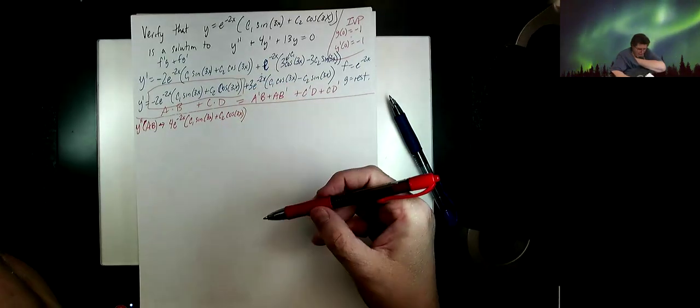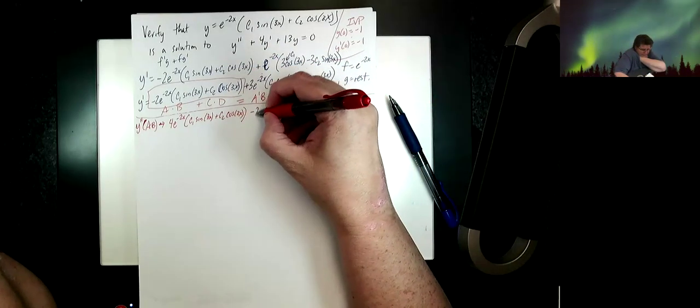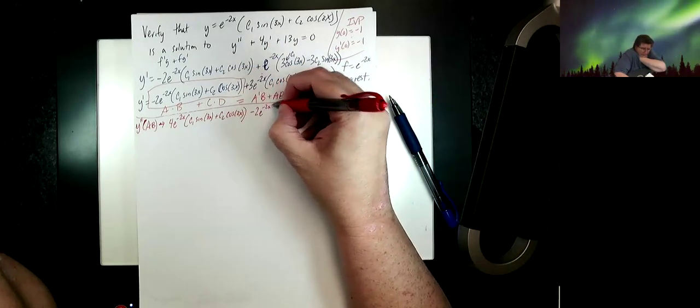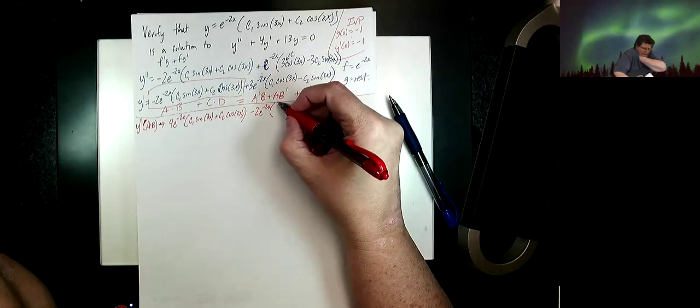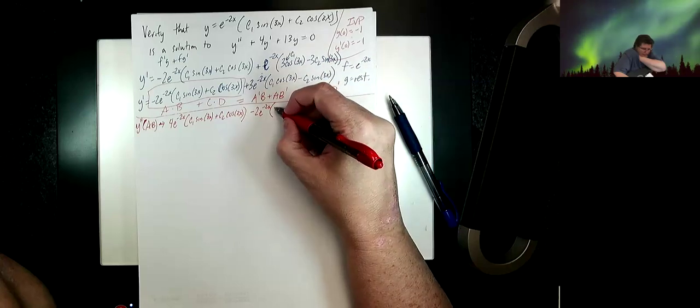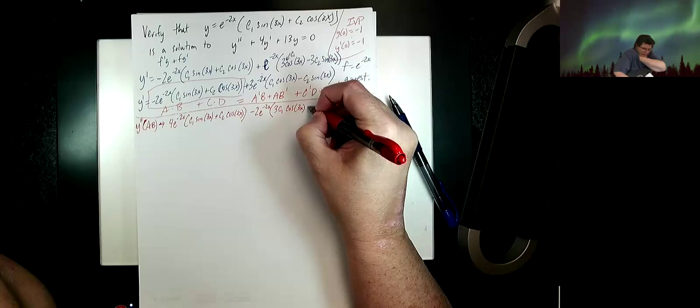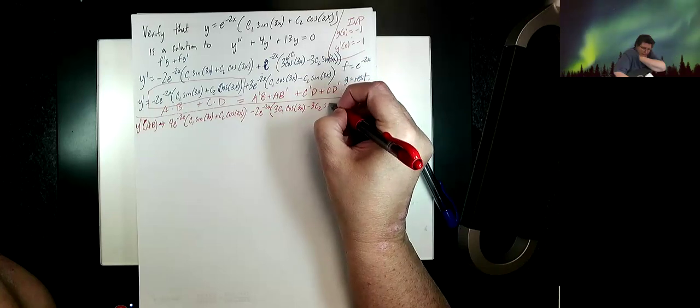And then I've got to do the derivative of the inside, and we actually did the derivative of the inside over here. I can just copy that down: 3C1 cosine 3x minus 3C2 sine 3x.